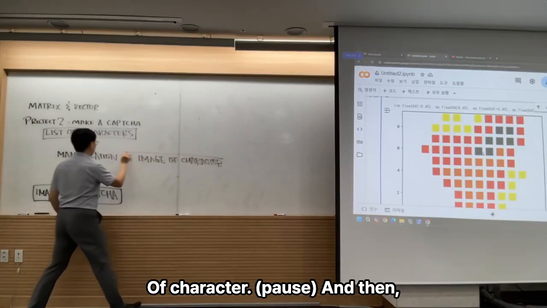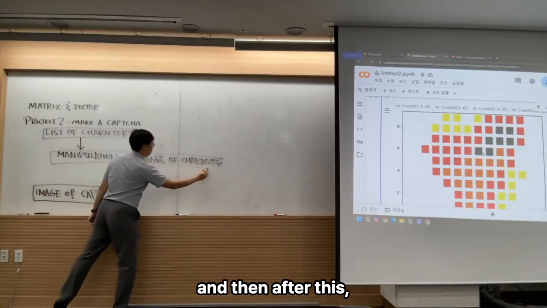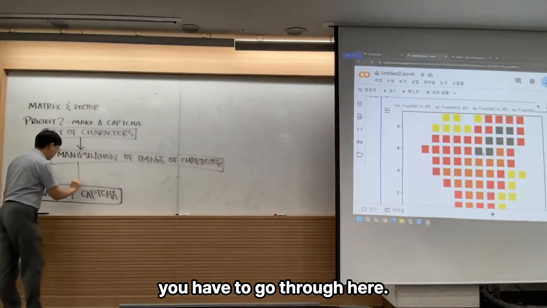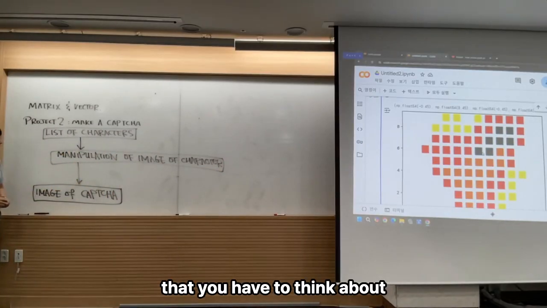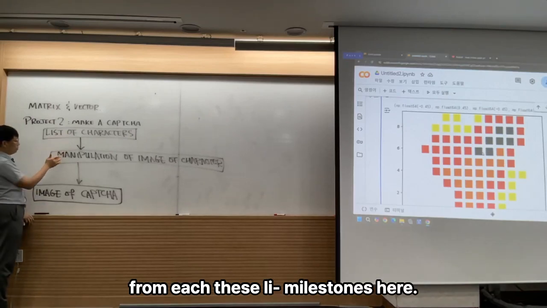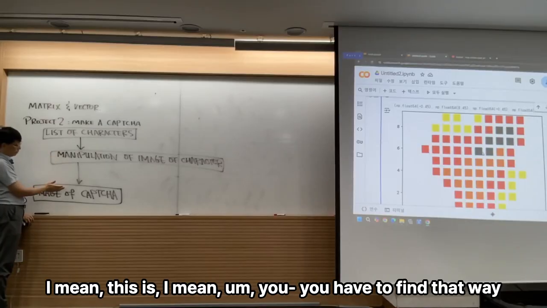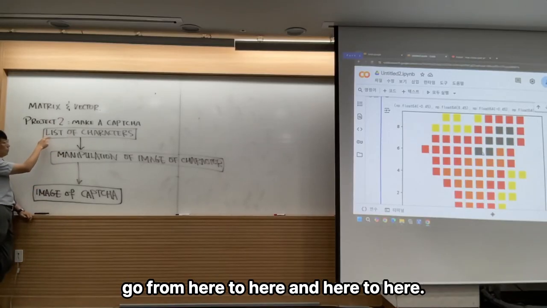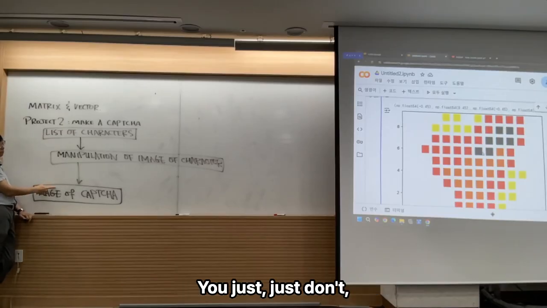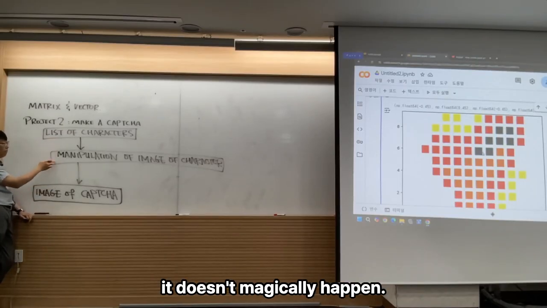And then after this, you have to go through here. So there are many steps that you have to think about between each of these milestones. This is not the end goal. I mean, you have to find a way to go from here to here and here to here. It doesn't magically happen.